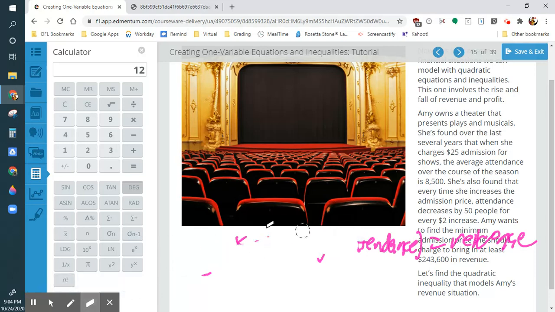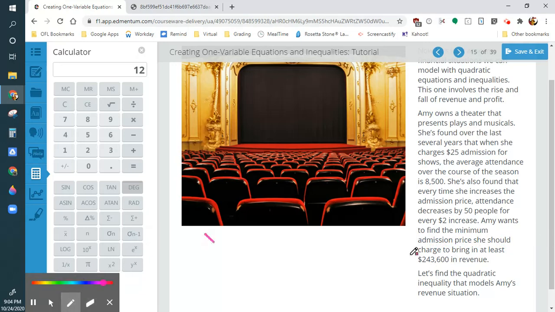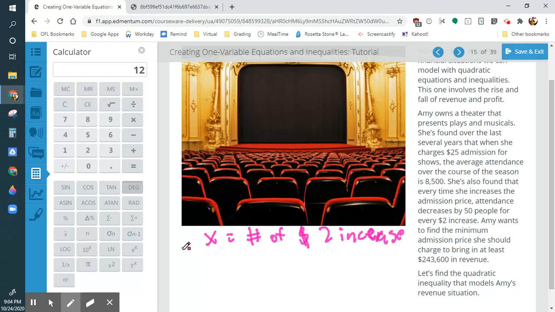So we're going to say that she increases the price. So we're going to say that X equals number of $2 increases. So for example, if she increases it by $4, X is equal to 2.